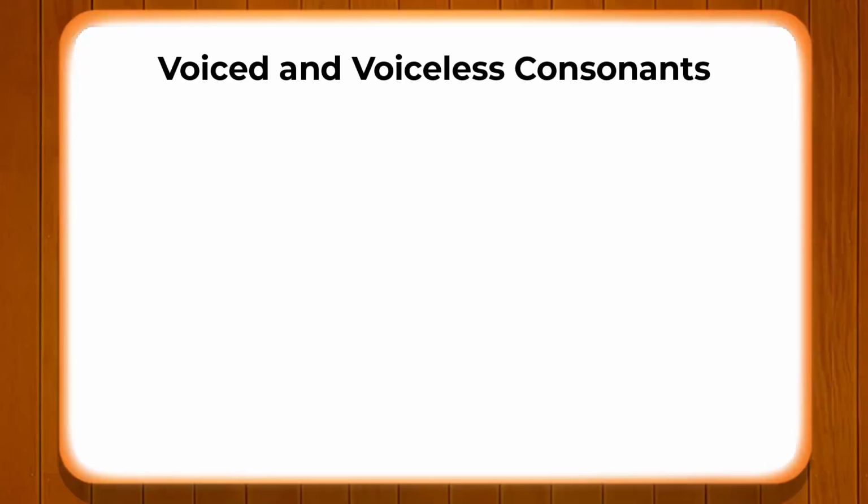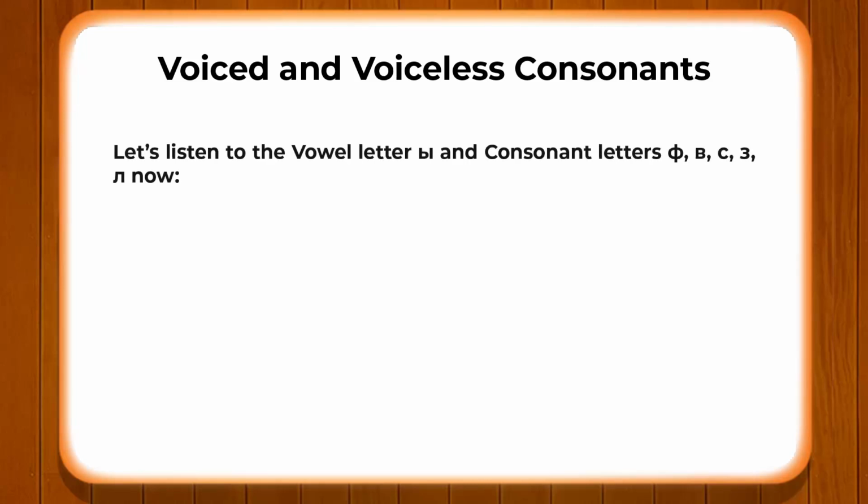If we look at the screen, we have certain consonants with us. For example, letters F, V, S, Z and L. But at the same time, we are also going to talk about a very specific letter of the Russian alphabet, U. If you remember, in the previous module we discussed the letter U, which can be found in a word of the Russian language like riba.